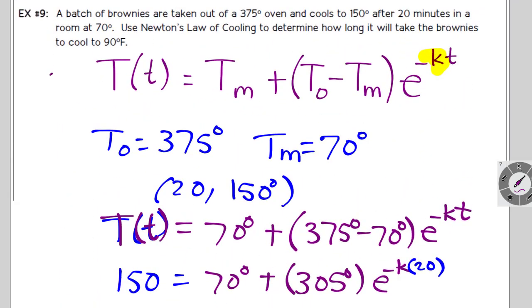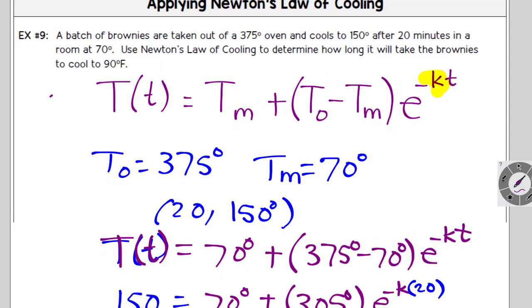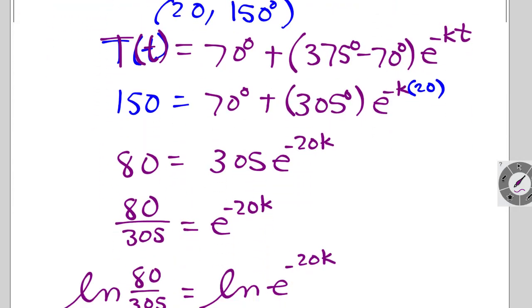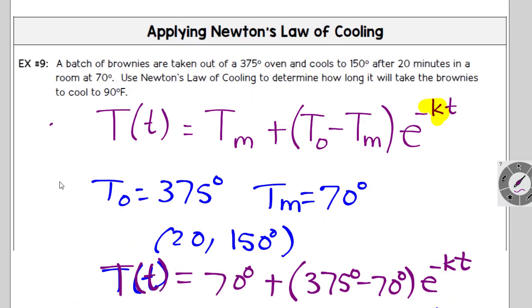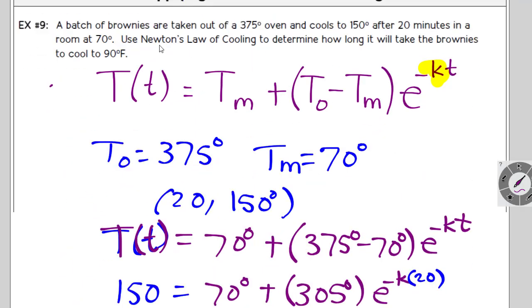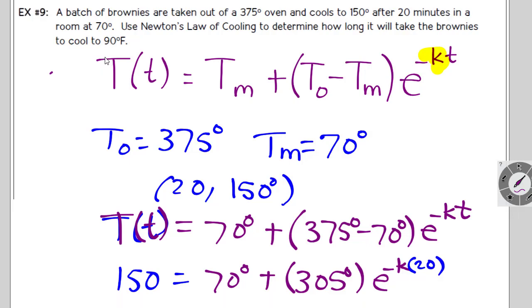I can answer the second question, which is to use Newton's law of cooling to determine how long it will take the brownies to cool to 90 degrees Fahrenheit.